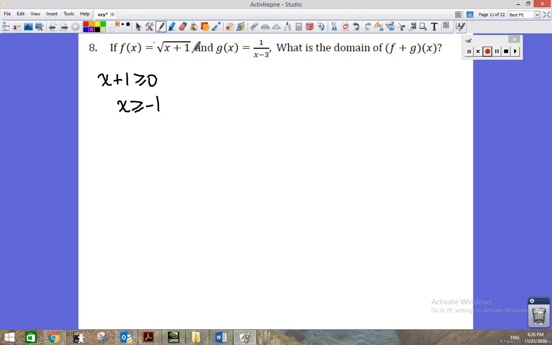When we look at g, we don't have any square roots, so we don't have to worry about taking the square root of a negative number, but we do have a variable in a denominator, this x minus 3. We have to avoid x being equal to positive 3, because 3 minus 3 will cause us division by 0. If you try to evaluate this function at 3, you'll get 1 divided by 0, and that's undefined. So 3 is not related to any y value, therefore 3 cannot be in the domain.